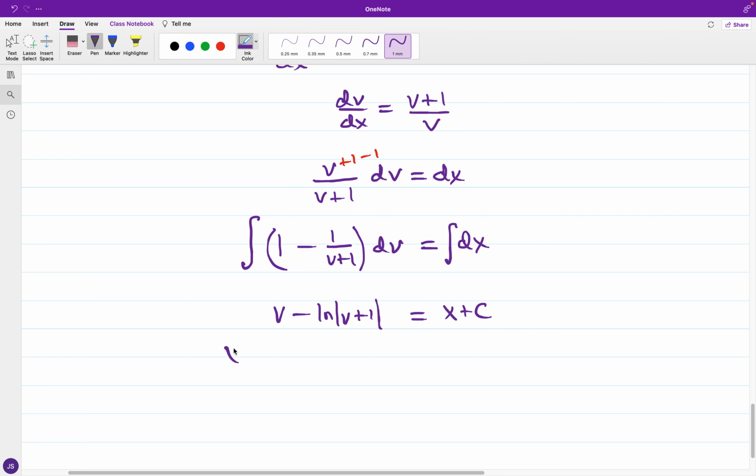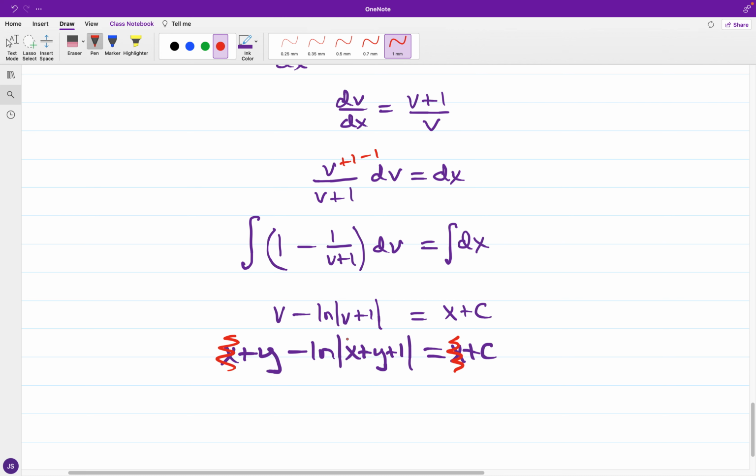So we have x plus y minus the natural logarithm of the absolute value of x plus y plus 1 is equal to x plus c. And guess what? We have x's on opposite sides, so we can get these terms to cancel out.